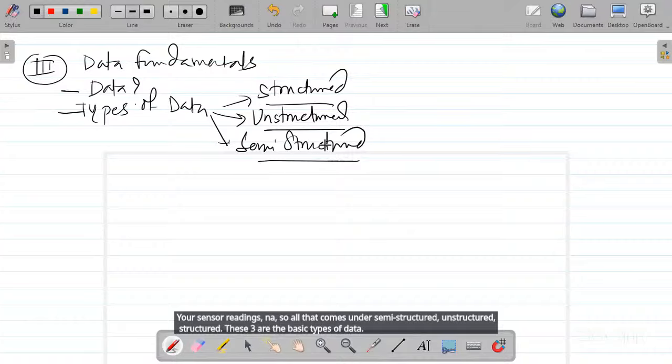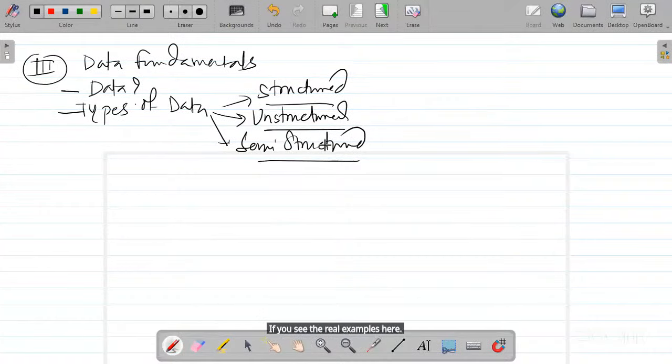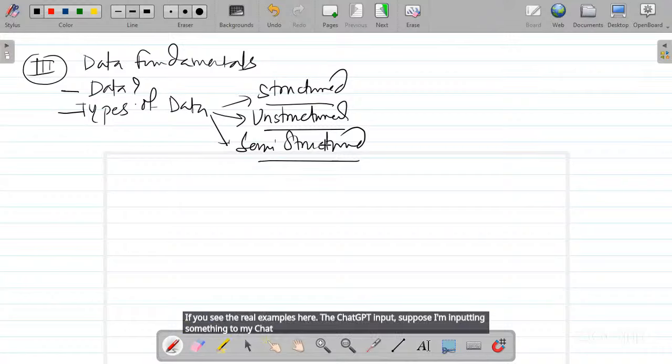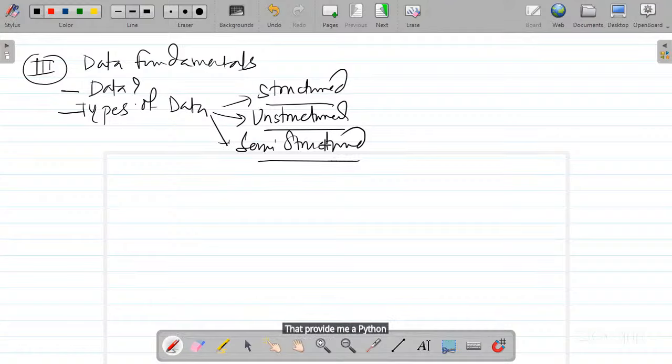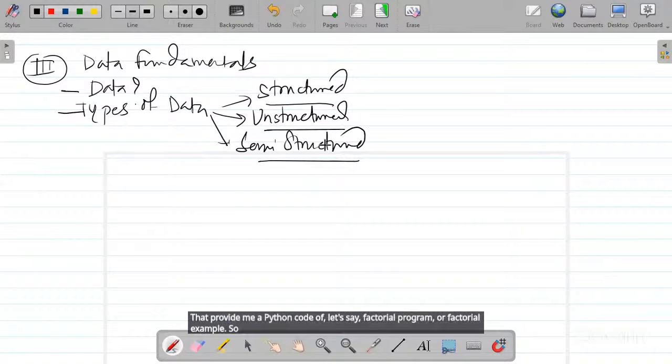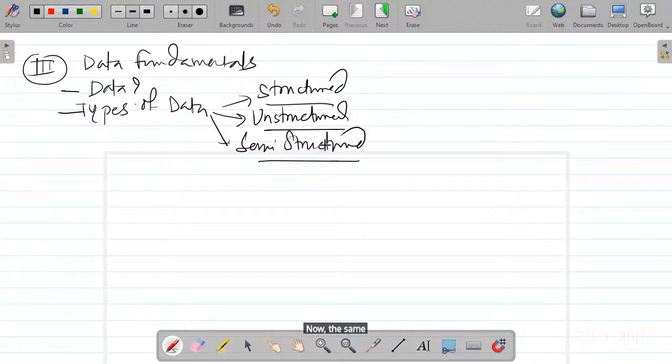If you see real examples, take the ChatGPT input. Suppose I am inputting something to my ChatGPT model. That is unstructured text. Suppose I write a prompt: provide me a Python code of, let's say, a factorial program. That becomes unstructured text. Now, if I prepare the same thing in Google Sheets, that becomes structured data.